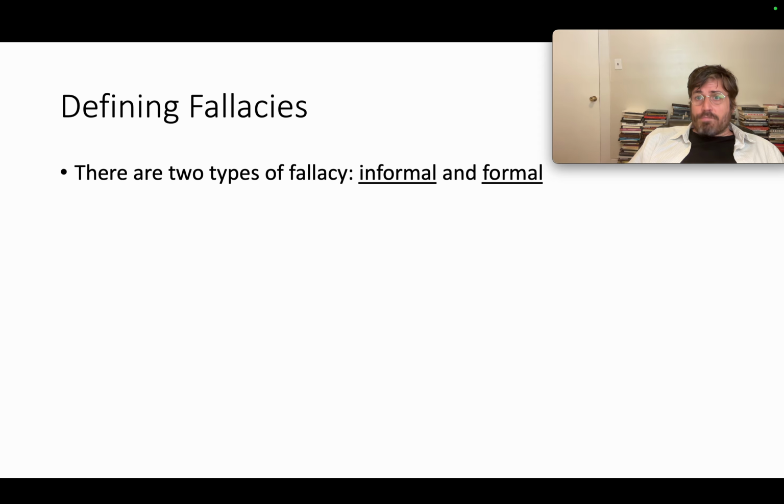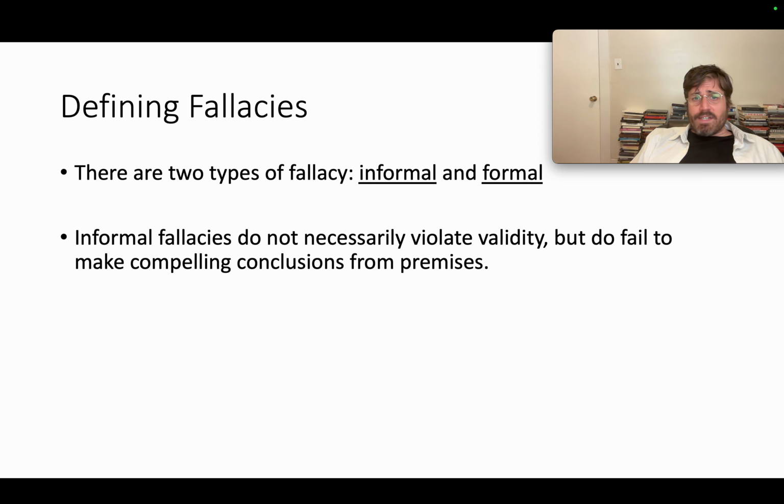They can pertain to subject matter or to structure. Informal fallacies don't necessarily violate the rules of validity, but they do fail to make very compelling conclusions on the basis of premises. So informal fallacies are not necessarily violations of validity, but they don't necessarily persuade us of the truth of the conclusion either.